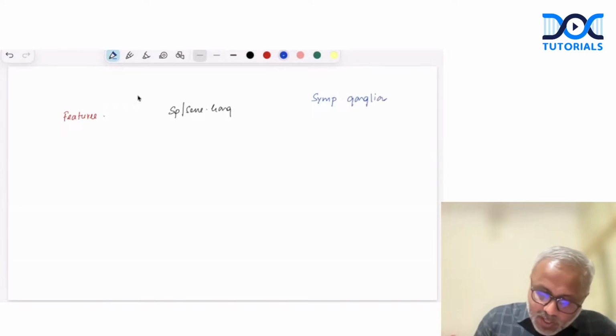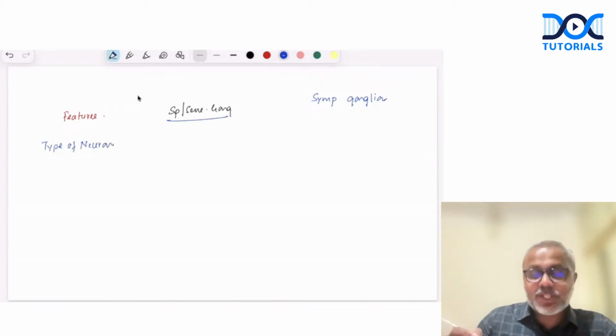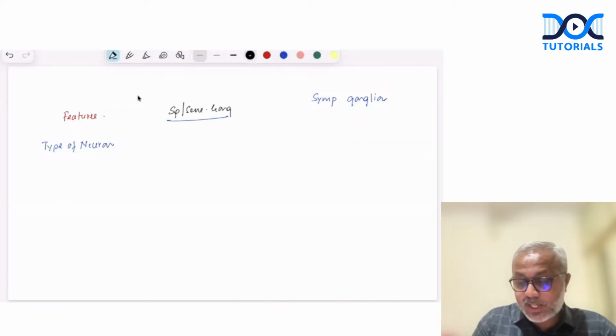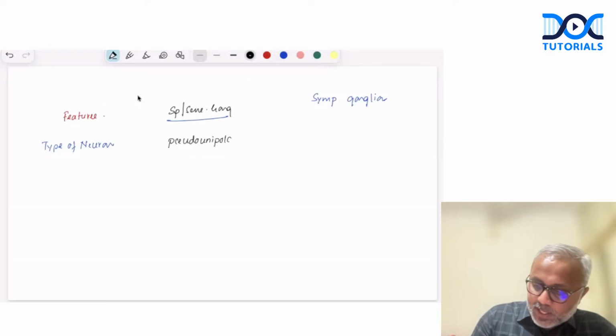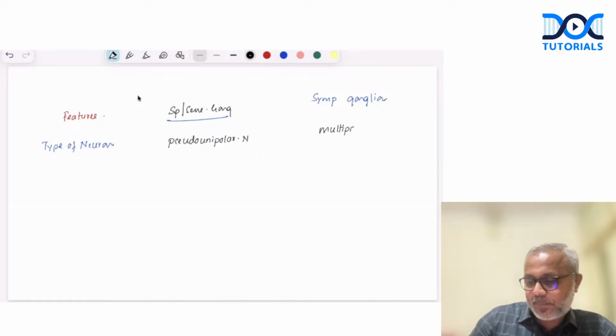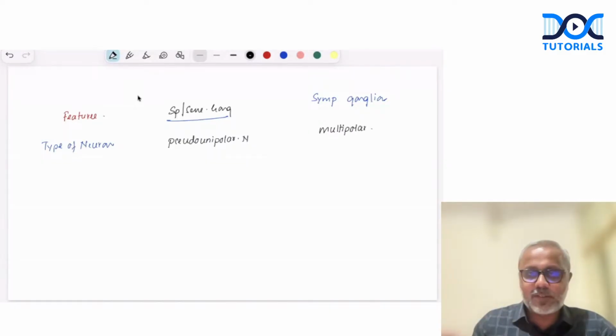Fine. Now, first, what type of neurons do we get? The spinal ganglion or sensory ganglion contains pseudo-unipolar neurons, right? Pseudo-unipolar neurons, and here it is multipolar. This is the first and the most striking difference.